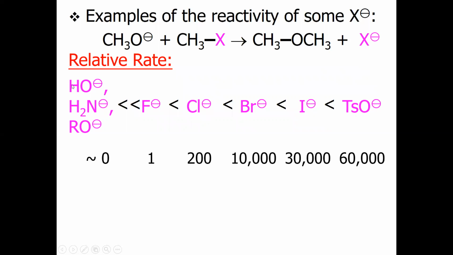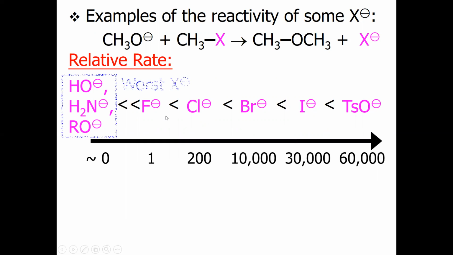The worst leaving groups are OH negative, NH2 negative, and RO negative. But if they become protonated, they can be good leaving groups. Hydroxide, when protonated with an acid, becomes a good leaving group. This is the order of the leaving groups.